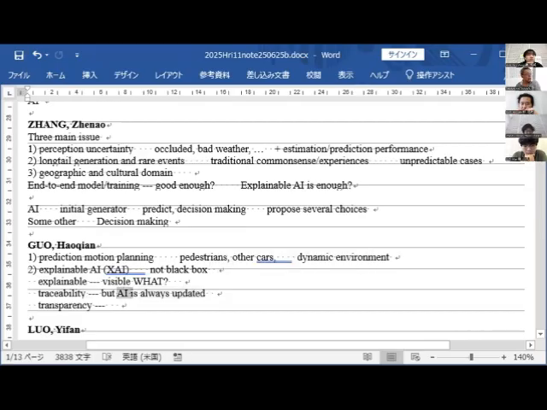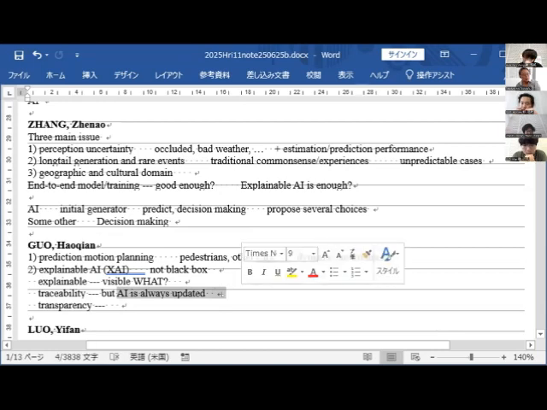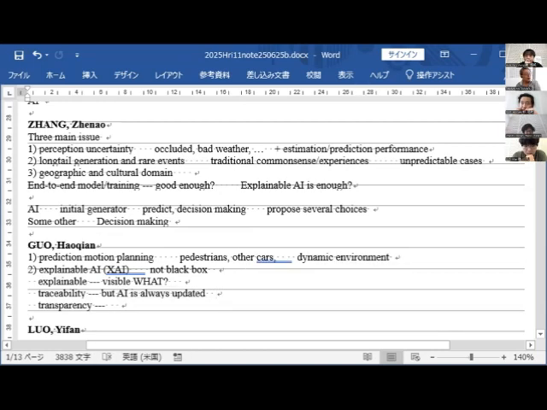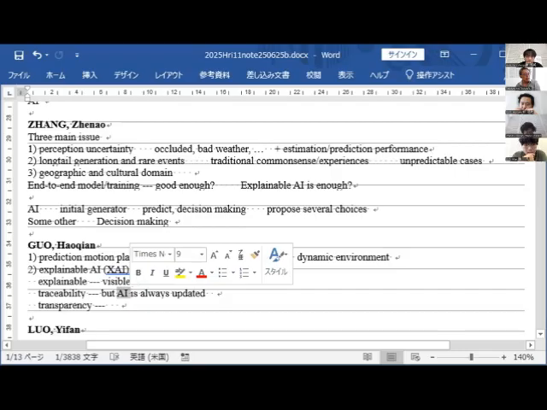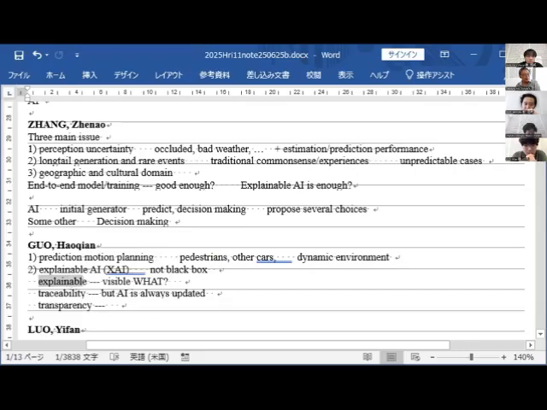The AI is always updated, so it is difficult to reproduce past behavior. So what is the meaning of traceability? But the most important thing is, what is the meaning of explainability? What do you think?